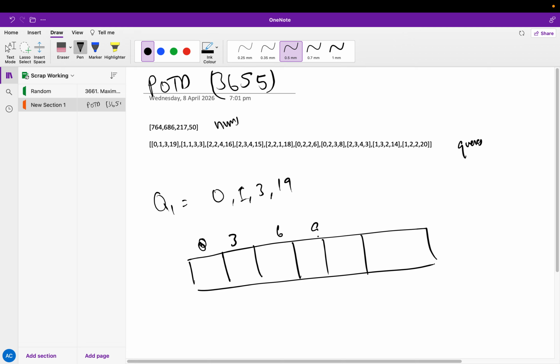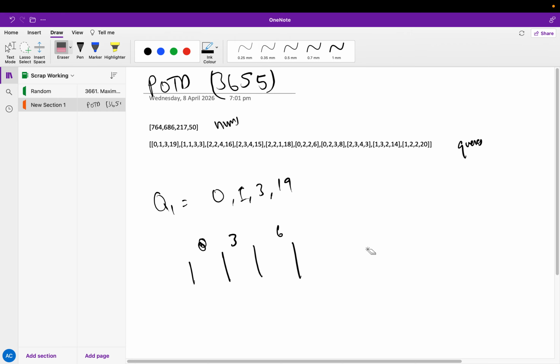Oops, that's the wrong thing. So this should be the bucket, right? Starting at 0, jumps of 3. So 0, 3, and 6. 0, 1, 2, 3. Yeah, the only valid indices are 0, 1, 2, and 3.